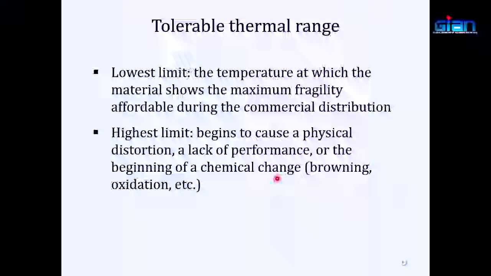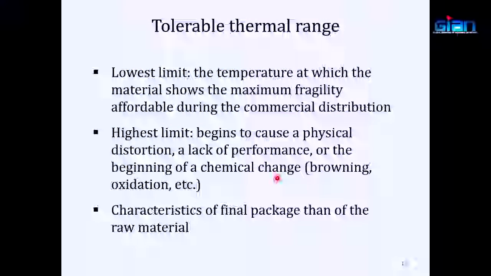So for every polymer, there will be a range, 10 to 80 degrees, -5 to 50 degrees, or -18 to +200. So that's the tolerable limit, and you should use the material within that. If you have an application where the temperature goes beyond the tolerable limit, then you are not going to use this polymer. You are going to use a different polymer which has a higher tolerable thermal range.